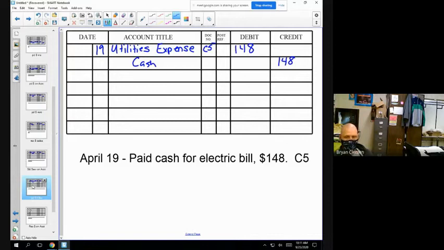So independent of whether it's electric or water or sewer or whatever, it would always be utilities.